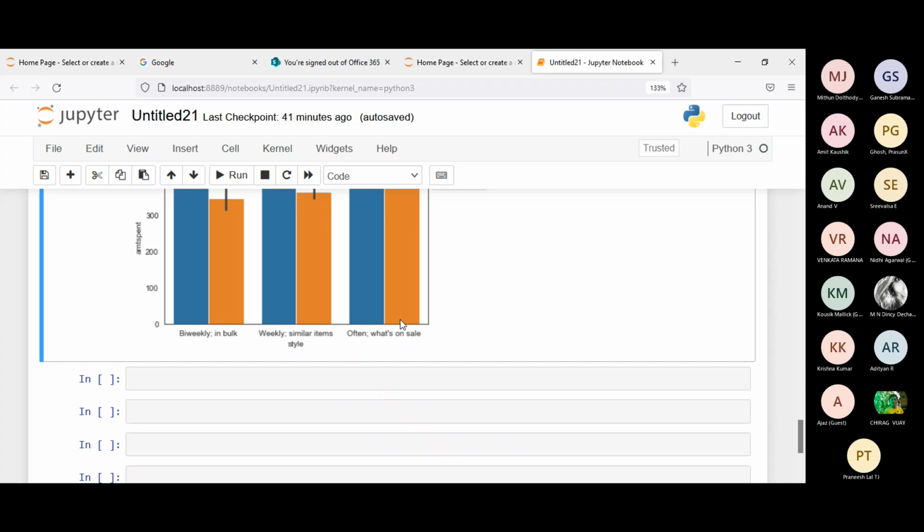Are you good with this? Right. Let's move on to the code part of it.